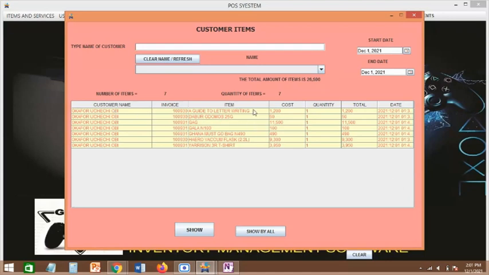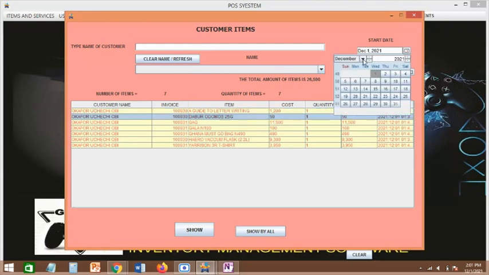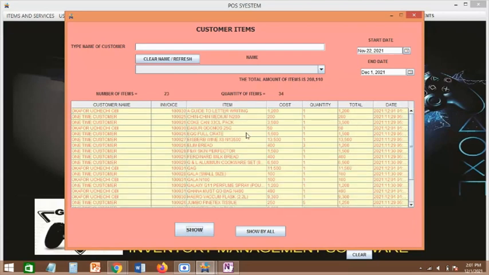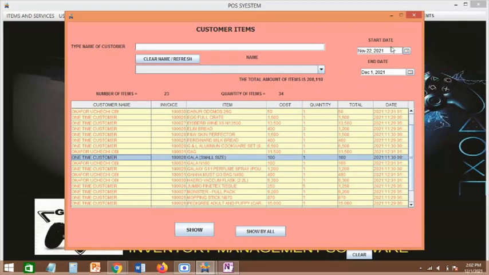Now this one says check customer items. I can just enter the name of a particular customer and see the items the customer bought within a particular time range. Okay, this one is showing us Okafor. That's the items of Okafor. Let me step back.